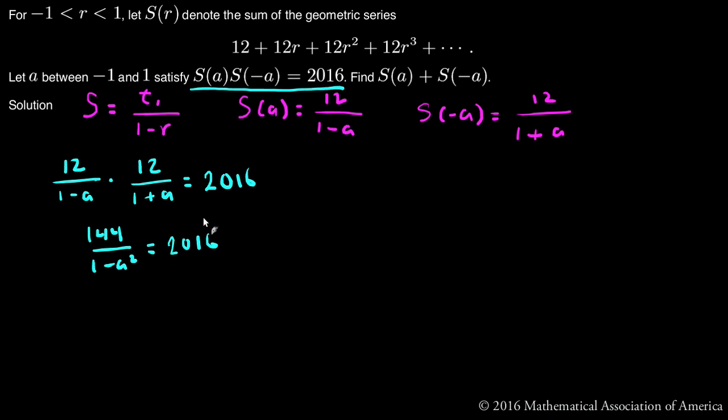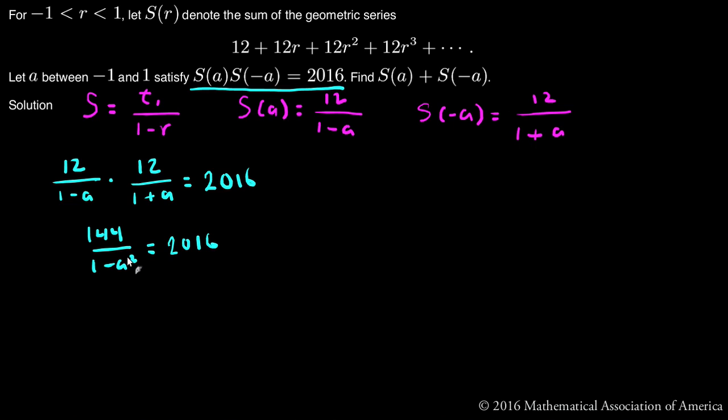Now when I first sat down to try this problem, I started solving for A by multiplying both sides by 1 minus A squared, subtracting, dividing, square root. But then I stopped myself, that ended up being a lot of work, and I said, well, hold on here.